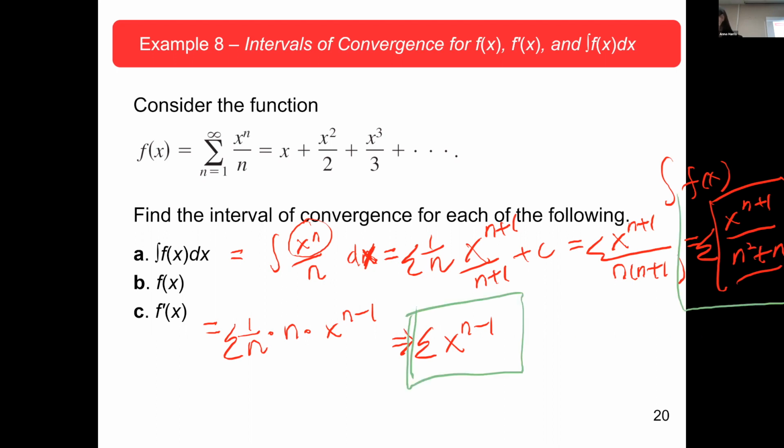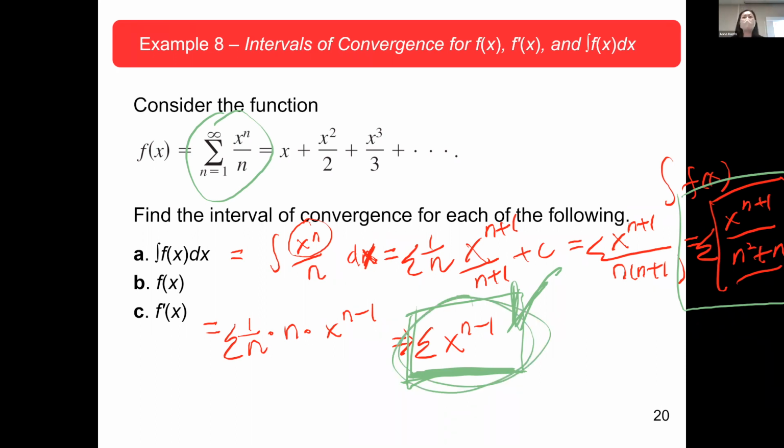Look at this, this one, the antiderivative, is definitely the most complicated. And this one is pretty good, but it has a denominator of n. But look at the derivative. It doesn't have a denominator. It just has x to the n minus 1. So I would definitely use this to do what? Convergence test. So yes, looking at this, I would definitely use that. Is everybody with me? Okay.